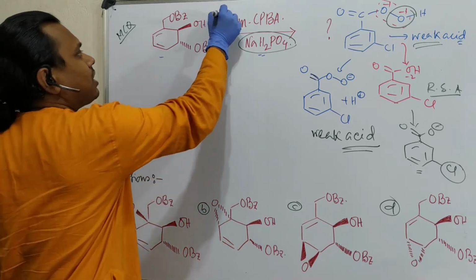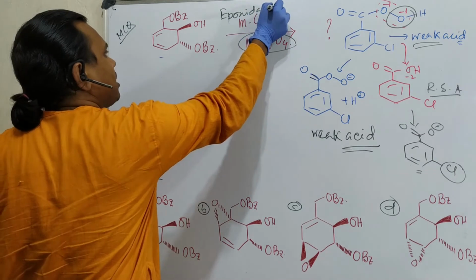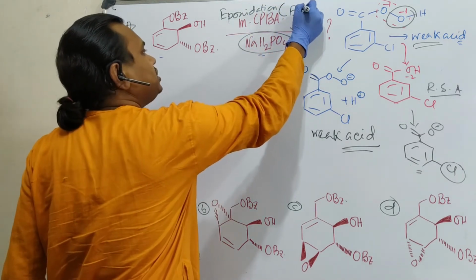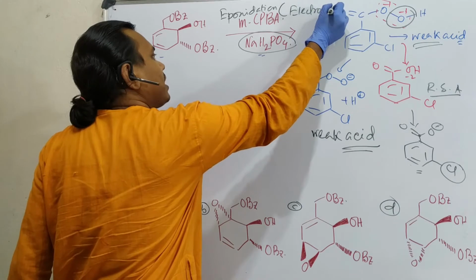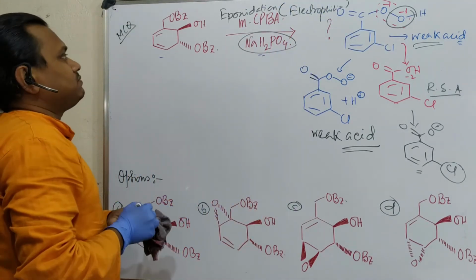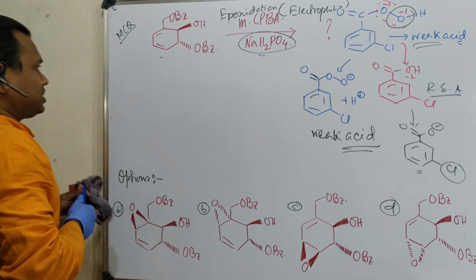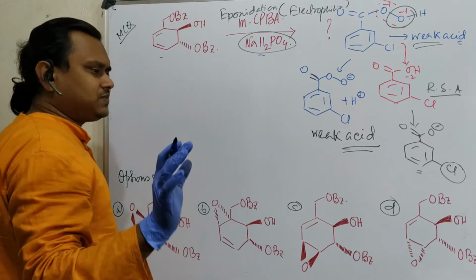Please remember this term. This is an epoxidation reaction, mCPBA, or better to say electrophilic epoxidation. I have already discussed a dedicated lecture on mCPBA epoxidation. There is also another, nucleophilic epoxidation using hydrogen peroxide and alkali. So please visit those lectures.